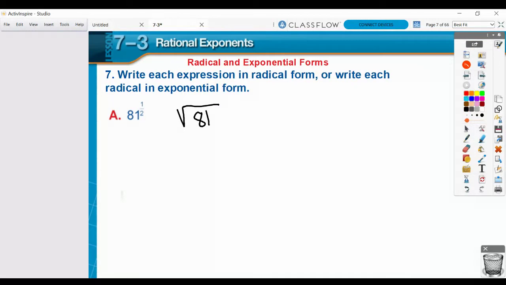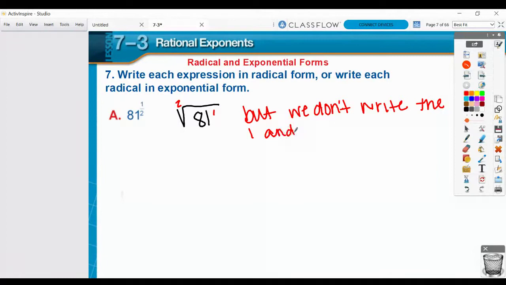And then technically the 1 goes there and the 2 goes there, but we don't write the 1 and 2. So your final answer is just the square root of 81.